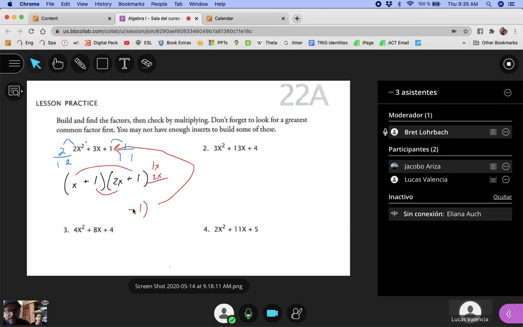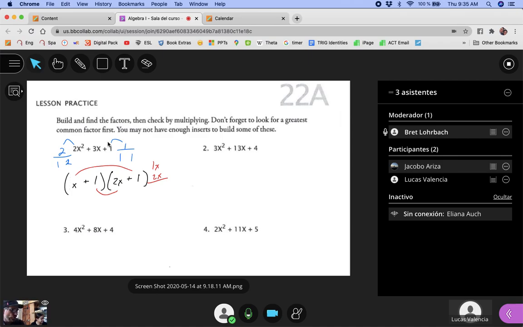That's right. That's the idea of lesson 22. It's the exact same thing, except now you have two sets of factors to put a combination, and only one combination of those two sets of factors will actually give you the second term.